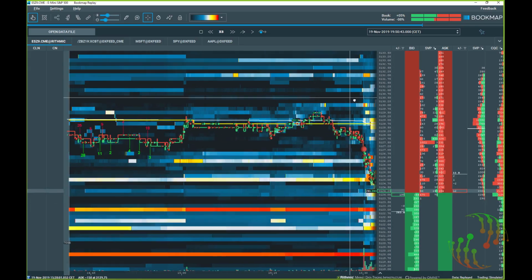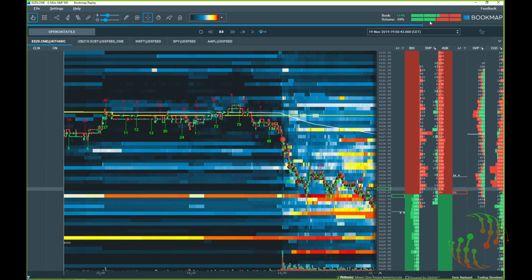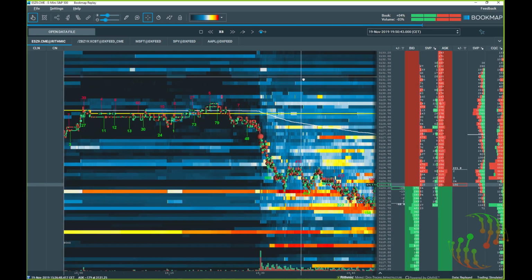Sometimes you will find a large green bar going until the end of this indicator, and on the other side you will find a large red bar which is going through all these areas of this indicator. Let me find one.